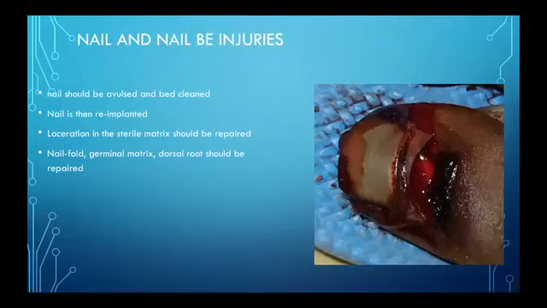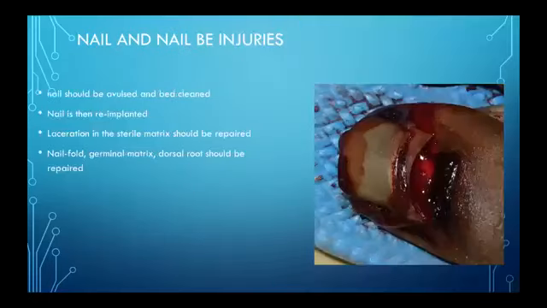If the nail is advanced or has significant damage, and there's contamination underneath, you're advised to pull off the nail, okay? So that you can do a thorough surgical toilet on the bed. That also allows you to repair whatever injury has occurred on the matrix and on the nail folds as well. So removing a severely damaged nail plate allows you to do repair underneath.